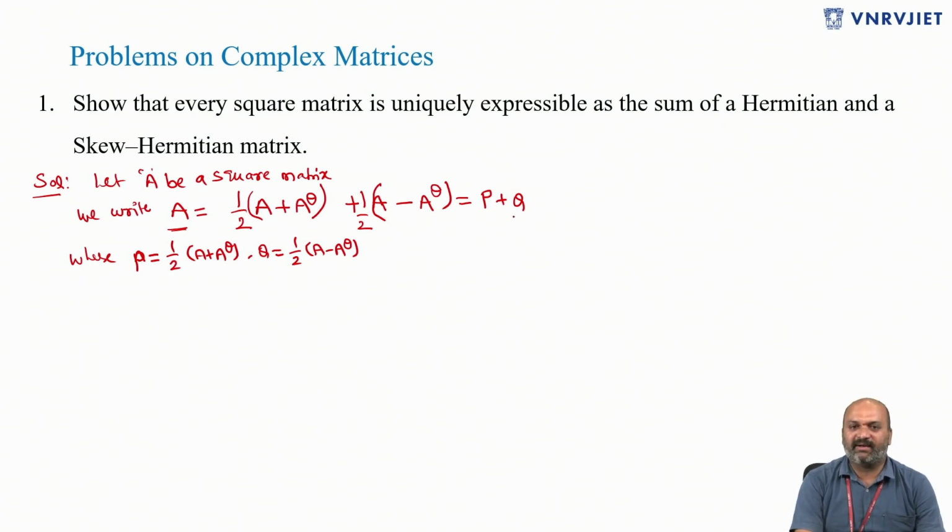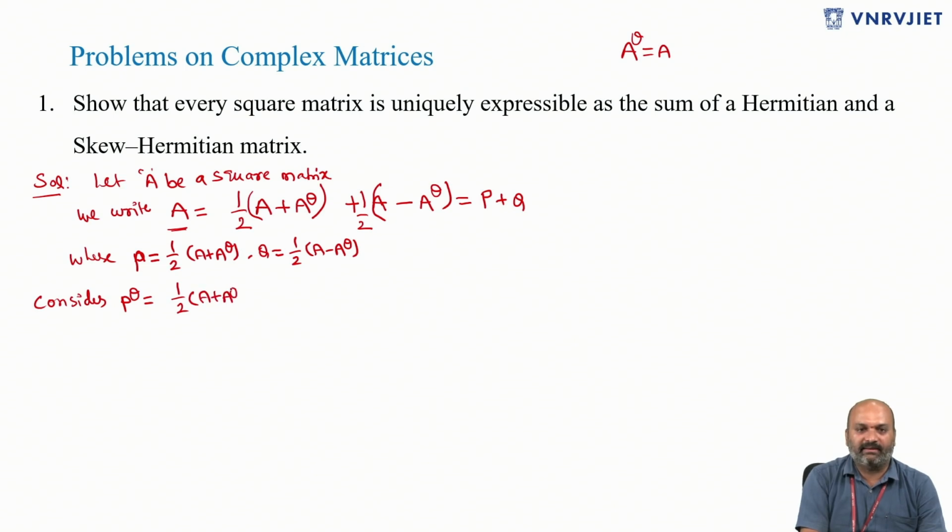How to show P is Hermitian and Q is skew Hermitian? To show that a matrix A is Hermitian, we have to show that A theta equals A. Similarly, to show that P is Hermitian, we consider P theta, that is, 1 by 2 of A plus A theta, whole theta. Using the properties of complex matrices, this 1 by 2 is a real number.